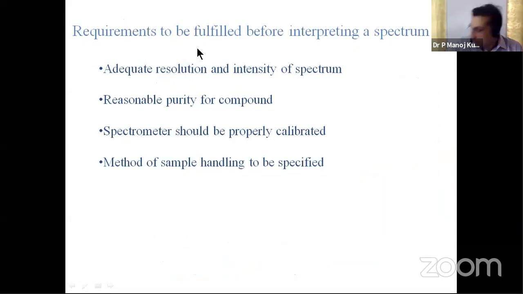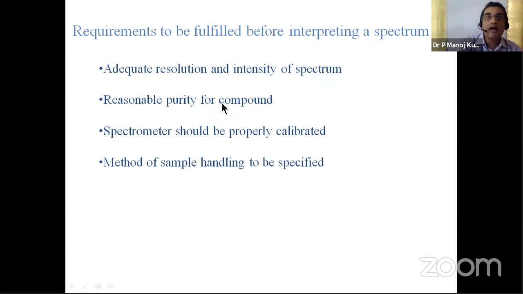So what are the requirements to be fulfilled when we are trying to interpret a particular spectrum? First of all, the spectrum should be adequately resolved, and the spectrum should have maximum intensity also. The intensity is very, very important.